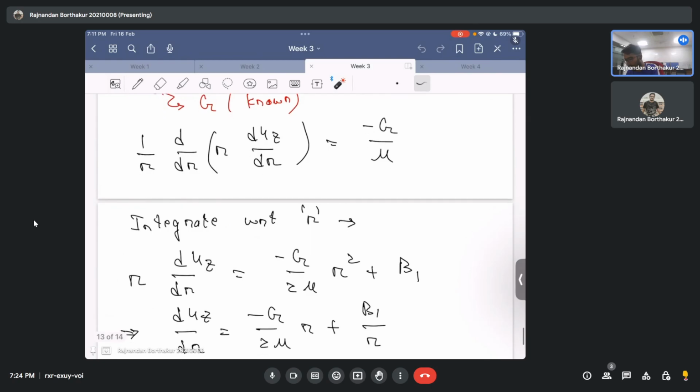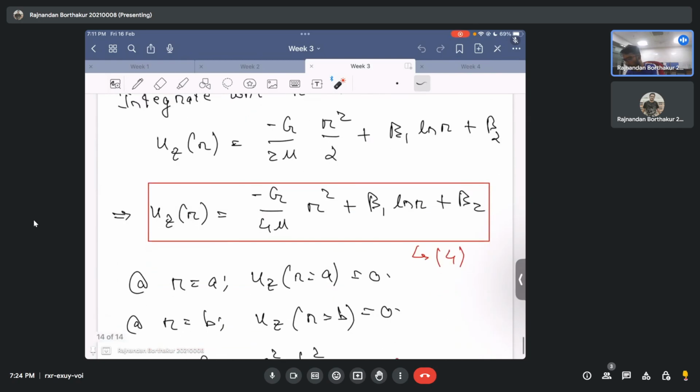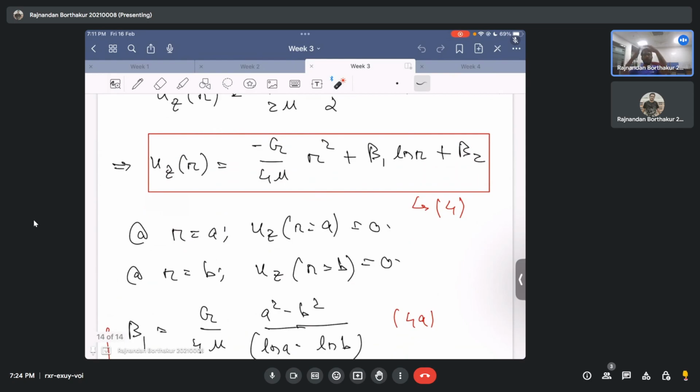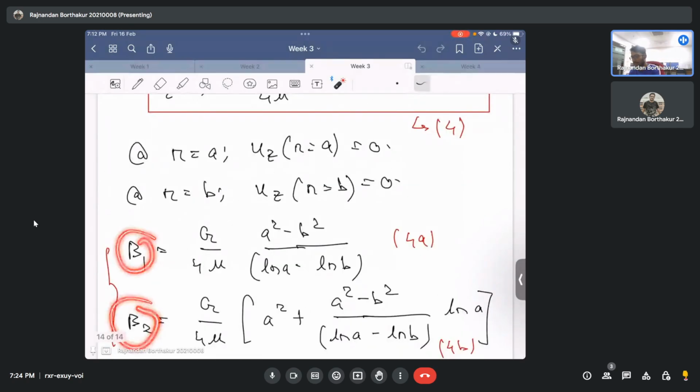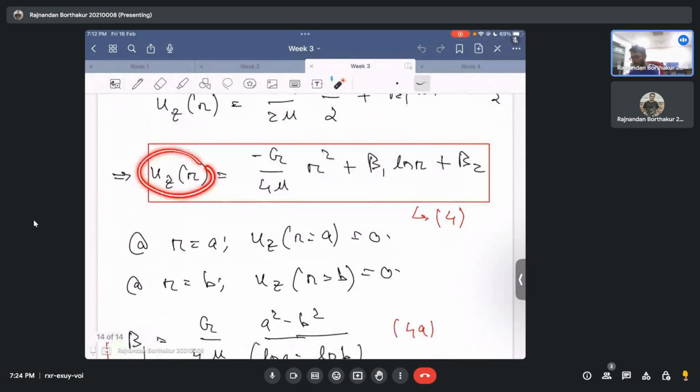Again, integrating it, we saw that uz is of this form, and using the fact that there would be no slip on the cylinder surfaces, and that on the cylinder surface the flow would just be in the theta direction owing to the no slip boundary condition, we found out the constants b1 and b2, which are required in evaluating the z component velocity.